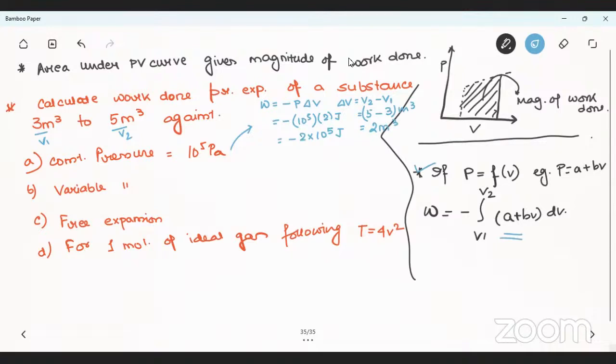This formula you should be using. It's easy.